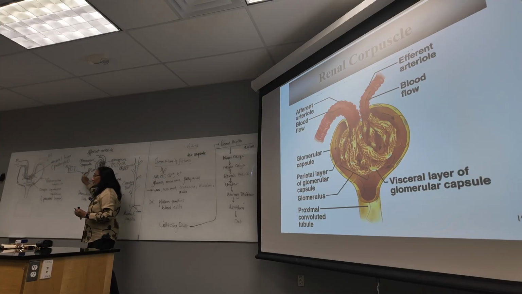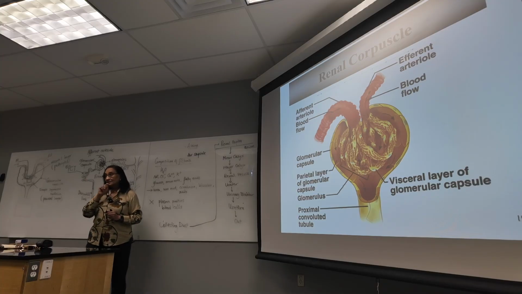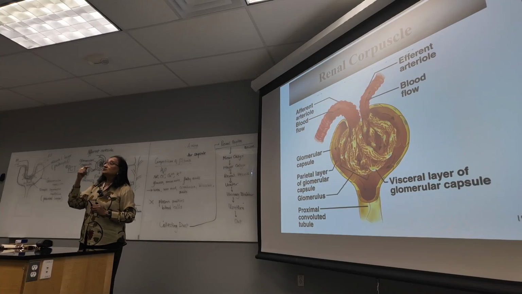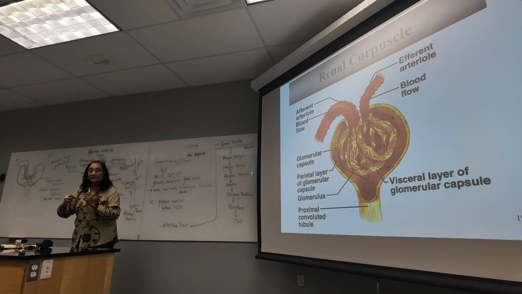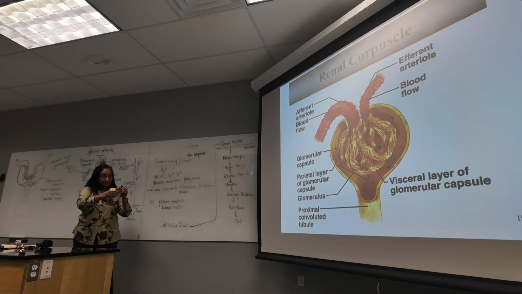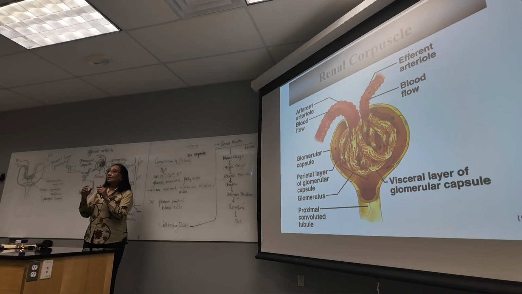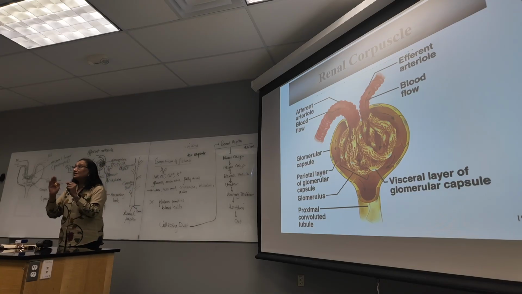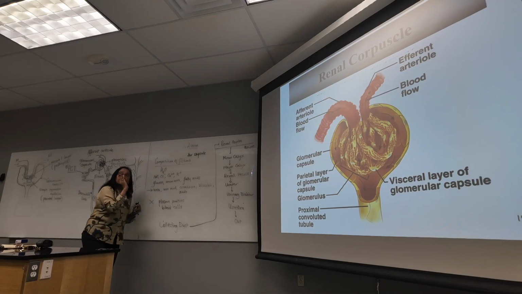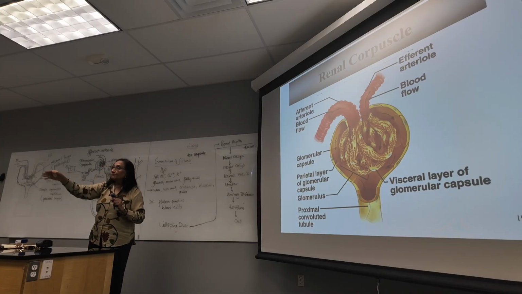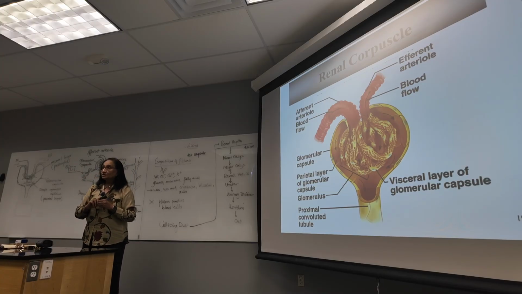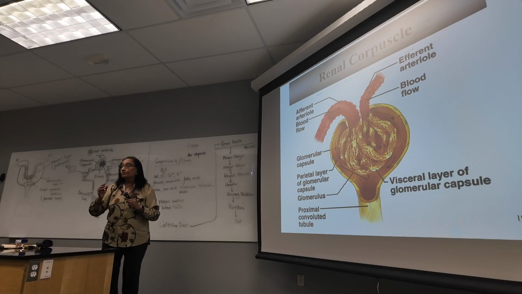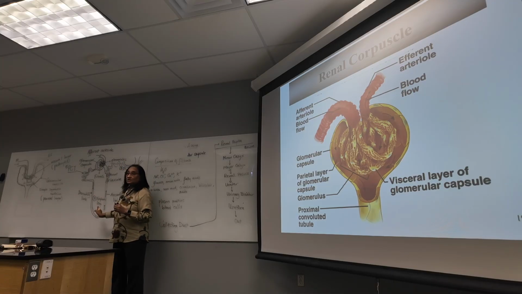As the filtrate passes through the tube, substances that are essential for the body are retained. They are taken back into the blood, because they came from blood. And substances that are not needed remain in the filtrate so that they can be thrown out of the body. That is why the tube is so important.